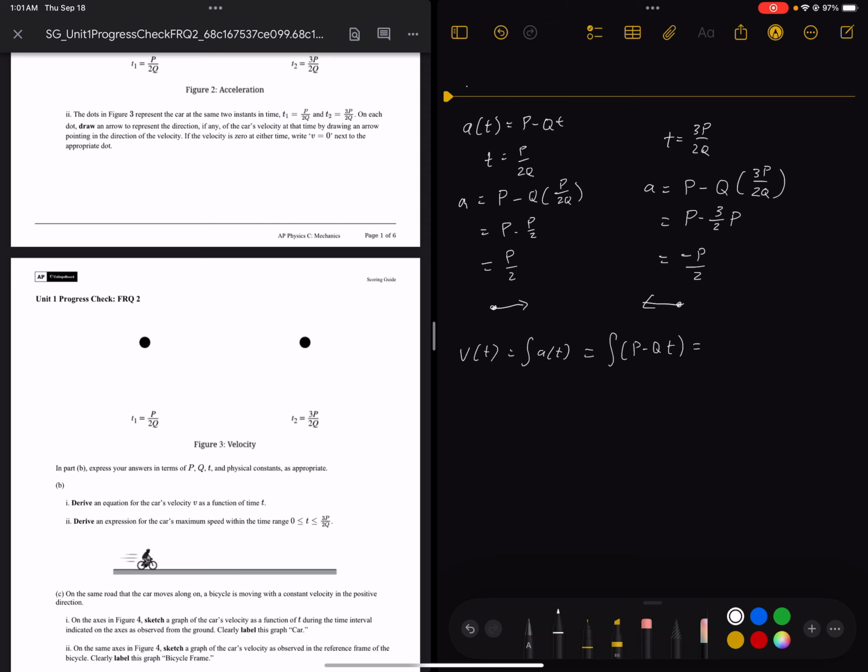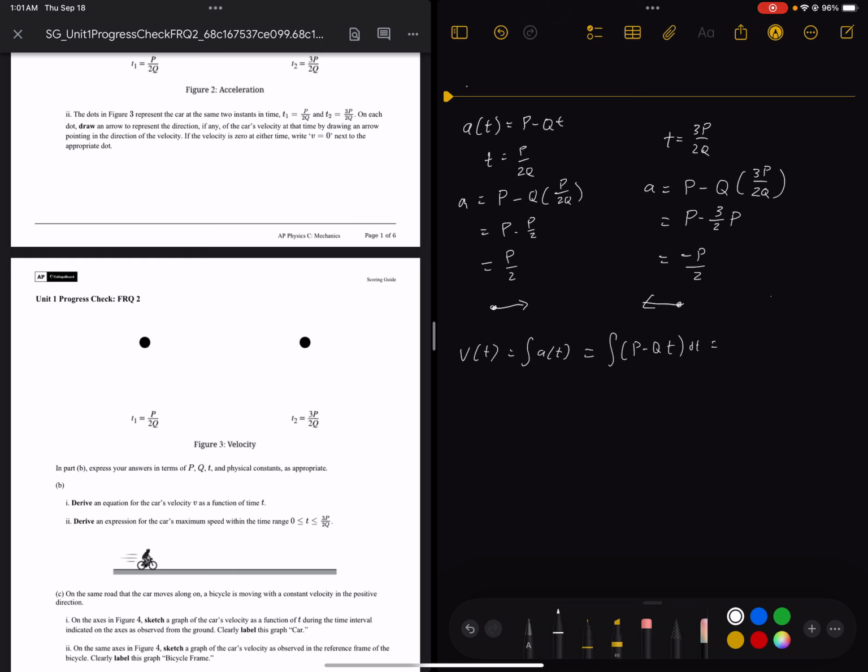All right. And then using the power rule, the integral of p, let me add my little dt there. So we're doing this with respect to time. The integral of a constant, right? So if I had just some constant value, the integral of p is just going to be pt, right?